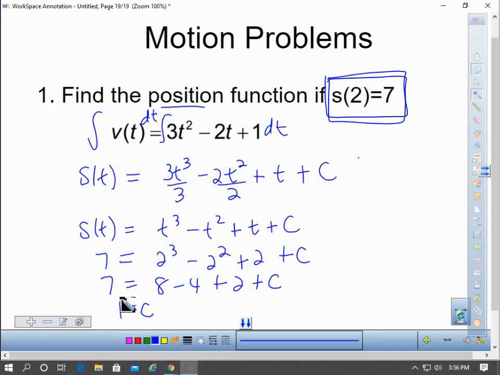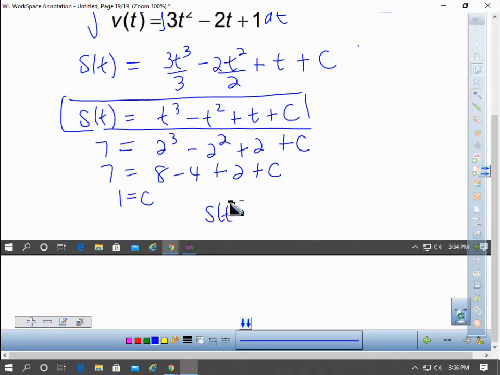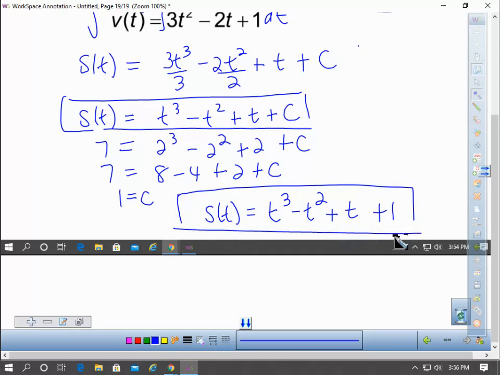So then if c is 1, I'm able to plug that back into my function to get my answer. So s of t is going to equal t cubed minus t squared plus t plus 1, because my c value ended up being 1.